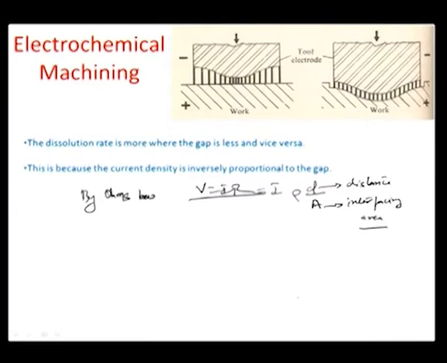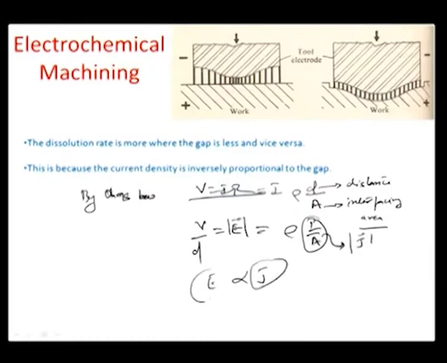And so therefore we can easily find out that V by d, which is nothing but the magnitude of the electric field, is actually equal to rho times the current density. So electric field is proportional to the current density, meaning thereby that if current density is more, the electric field would be higher, and vice versa.